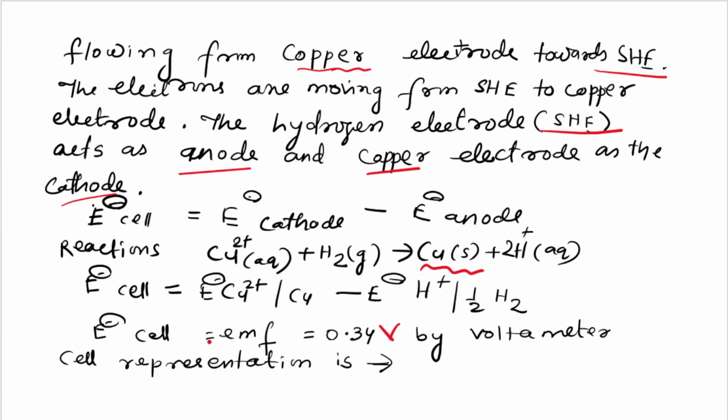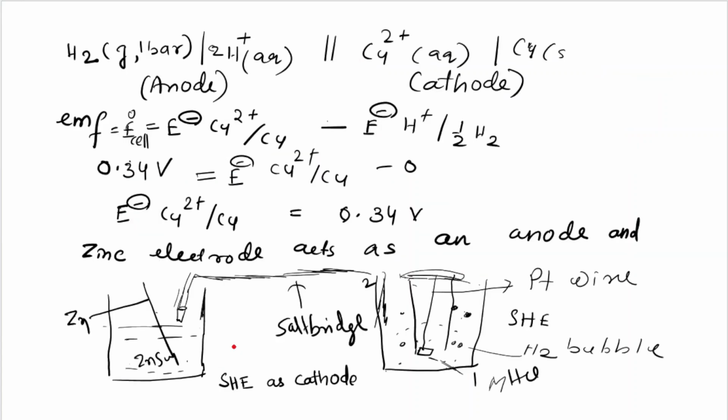So how can you write the cell representation? Here this is anode, this is cathode. So how to calculate the EMF of this cell? That is the electrode potential of copper minus that of S.H.E., cathode minus anode.